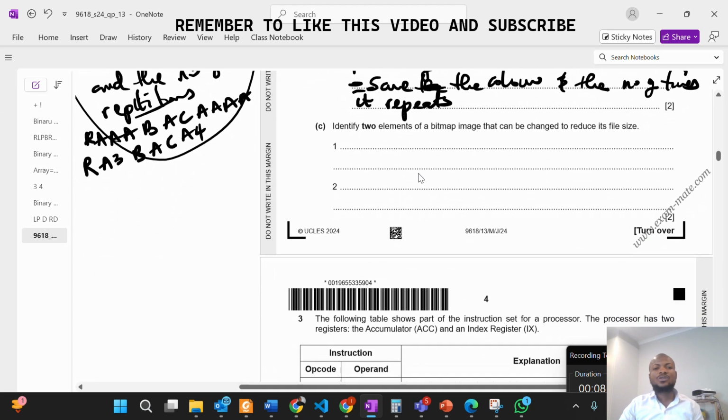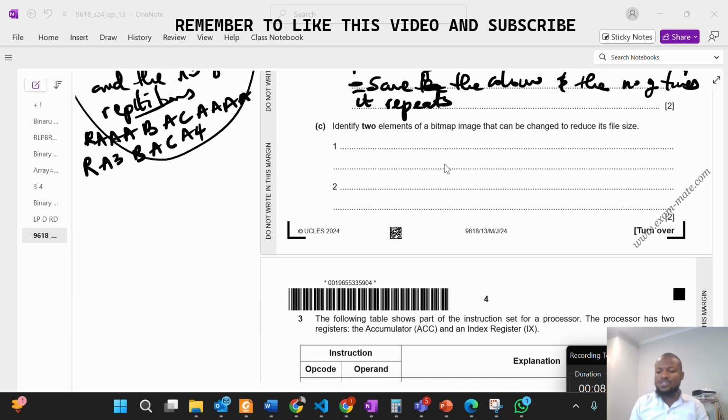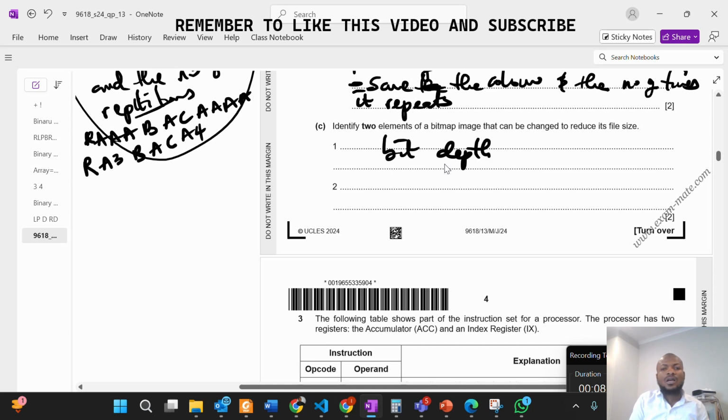Now the next question states: identify two elements of a bitmap image that can be changed to reduce the file size. What are the things we need to change to reduce the file size? Just the bit depth and the image resolution.